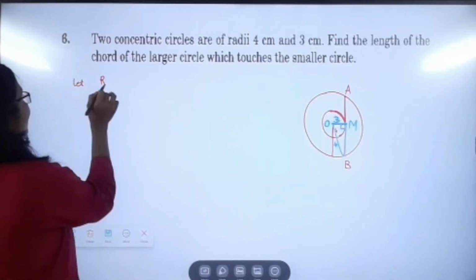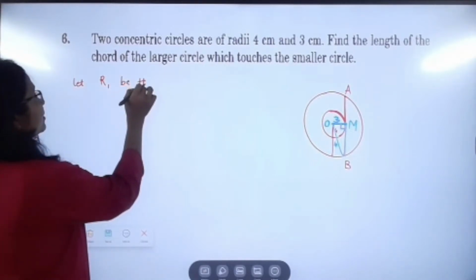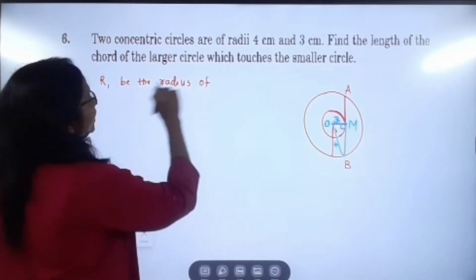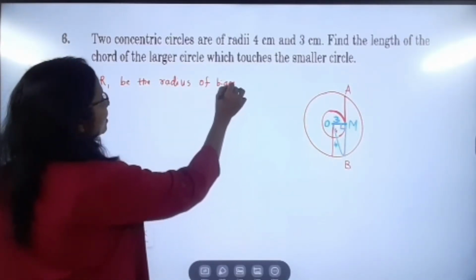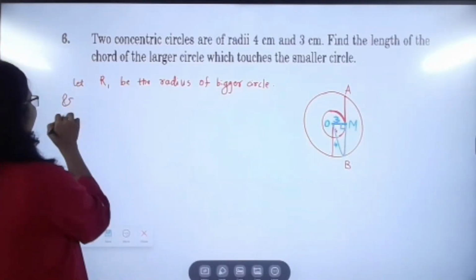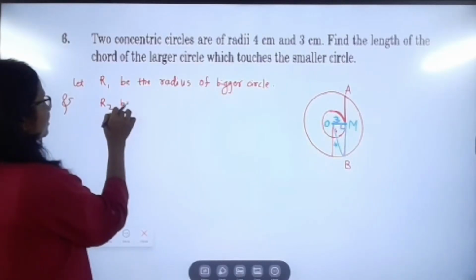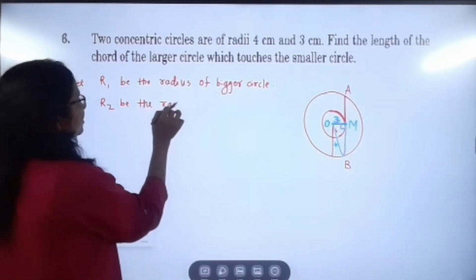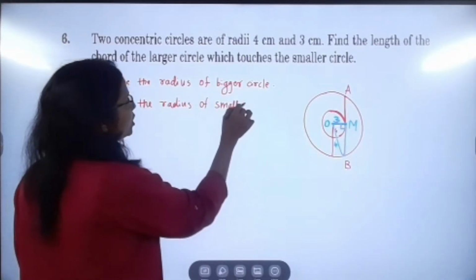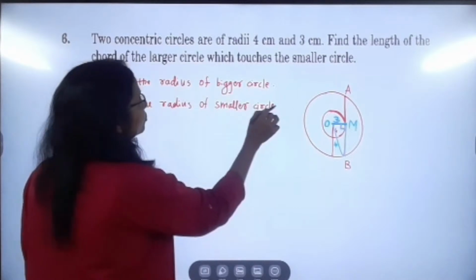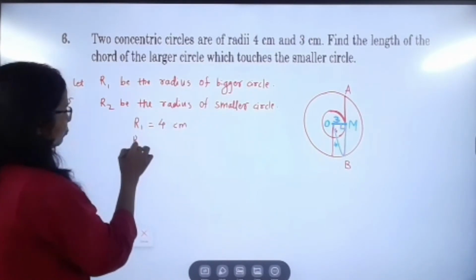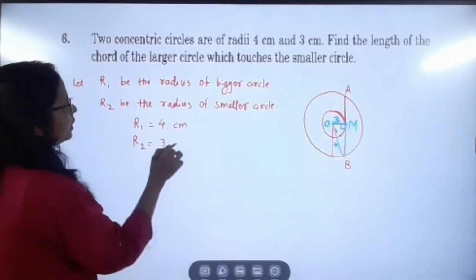Let R1 be the radius of the bigger circle and R2 be the radius of the smaller circle. So R1 is equal to 4 centimeter, R2 is equal to 3 centimeter.